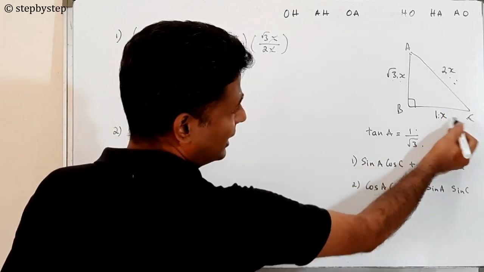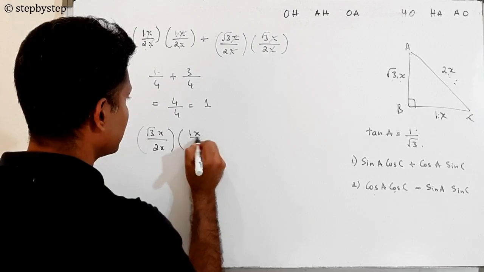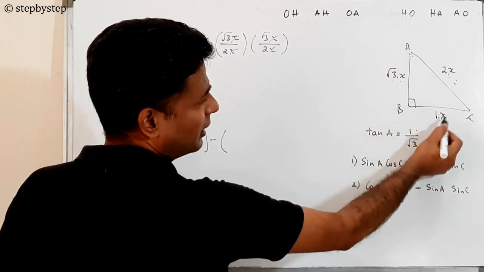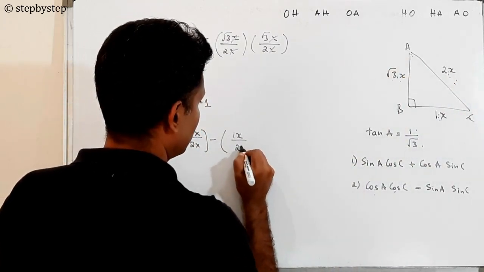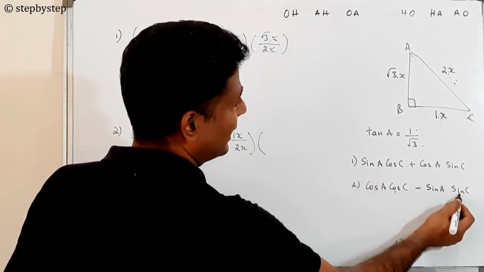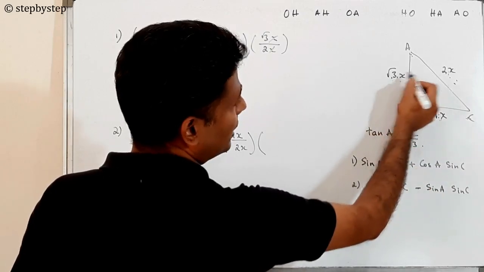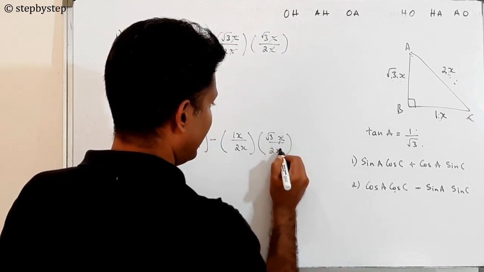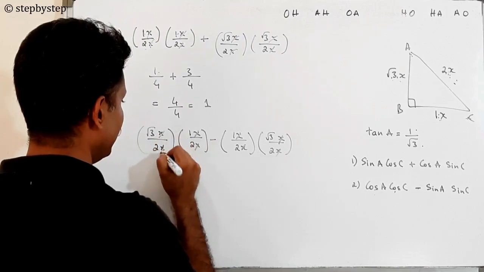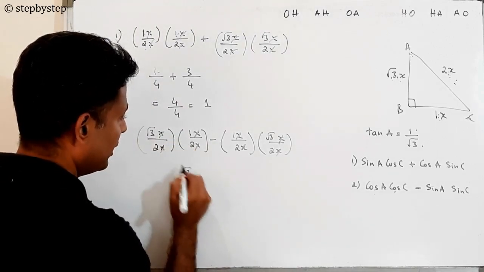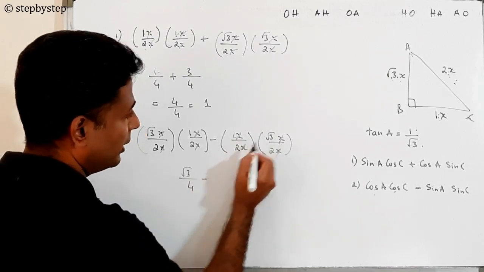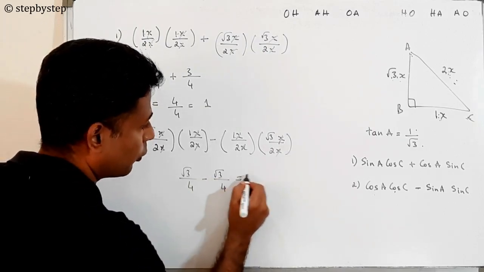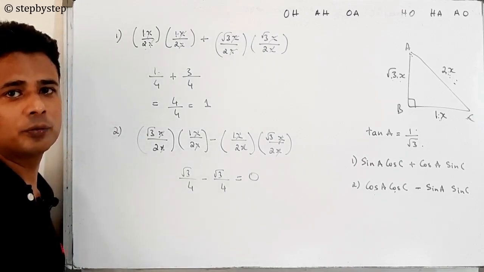So 1x is adjacent to C, 1x by 2x minus sin A. A is here, sin is opposite by hypotenuse, and into sin C. C is here, sin is opposite by hypotenuse. So root 3x by 2x, right? x and x cancel. Root 3 into 1, root 3, 2 into 2, 4, minus again 1 into root 3, 2 into 2, 4. So we get root 3 by 4 minus root 3 by 4, which is nothing but 0.